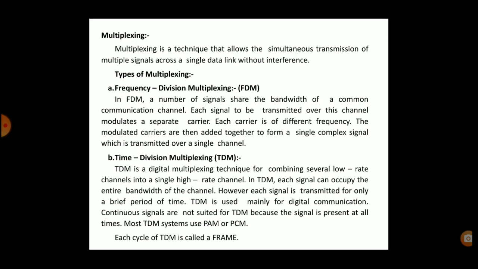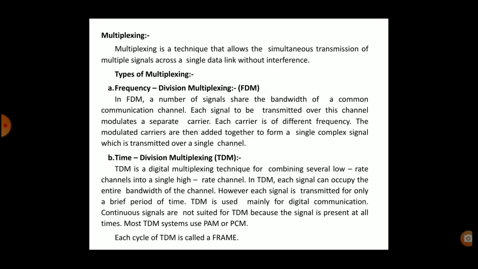Next one, multiplexing. Multiplexing is a technique that allows the simultaneous transmission of multiple signals across a single data link without interference. Types of multiplexing: frequency division multiplexing, time division multiplexing.